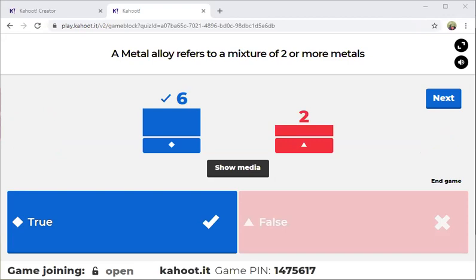So some steel includes copper, others include gold, etc., as well as silver. So the two of us that got it incorrect, just remember a metal alloy is a mixture of two or more metals. I hope you guys are having fun and learning as well.